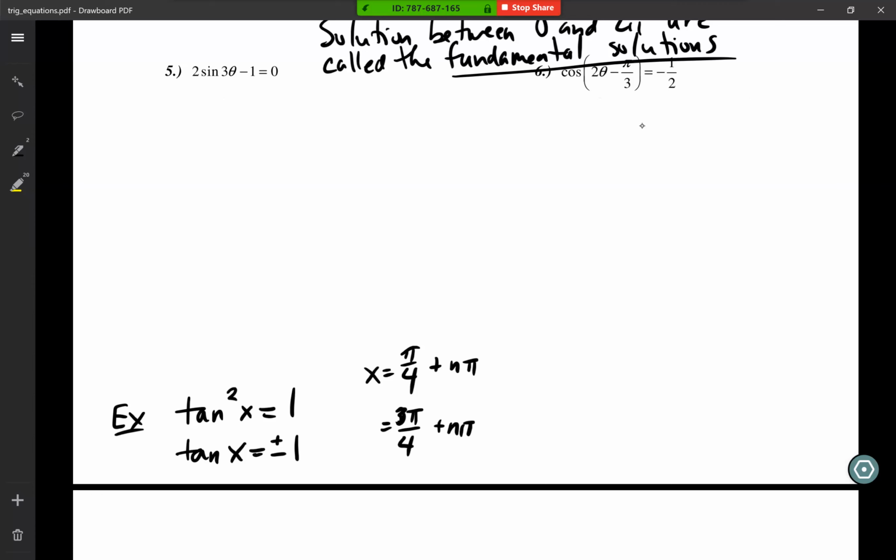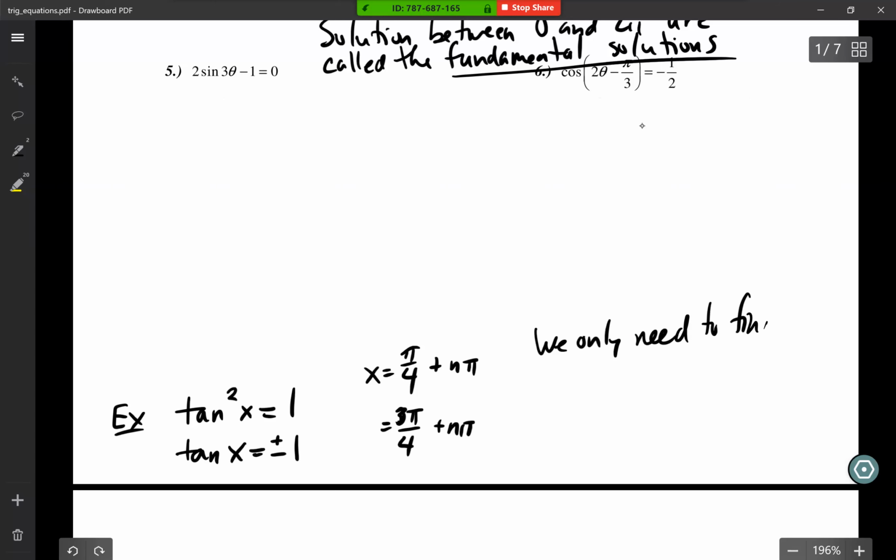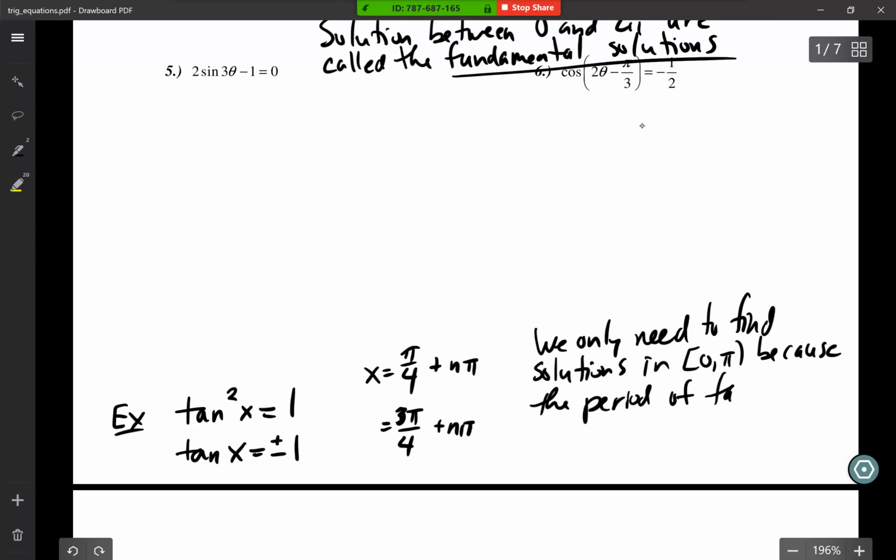And again, the reason for the difference here is because we only need to find solutions in 0 to pi, because the period of tangent is pi. Okay, so once we find all the solutions in 0 to pi, we're done for tangent.